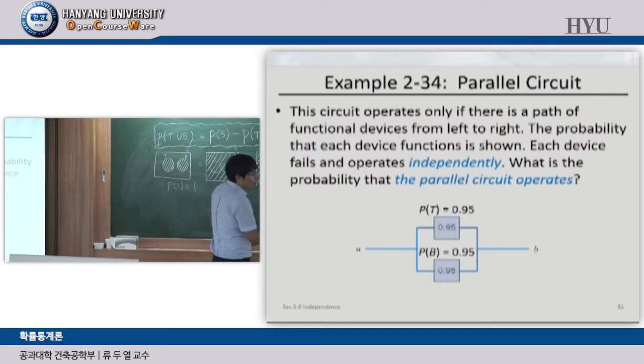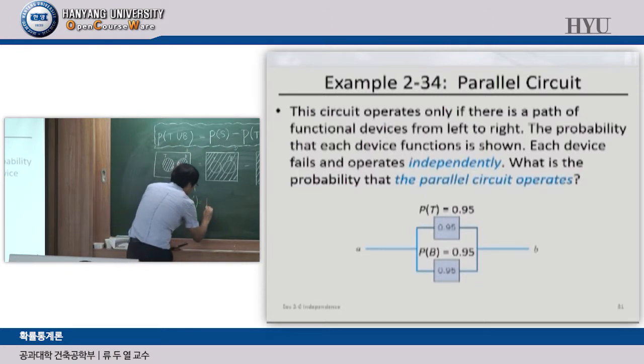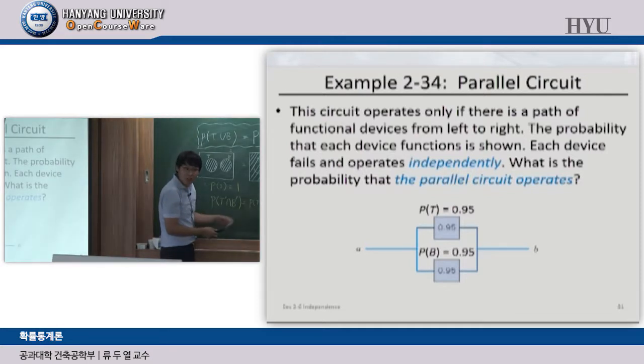Each device fails and operates independently. This can be rewritten as the probability of the intersection of T prime and B prime equals the probability of T prime multiplied by the probability of B prime, right? Based on the independence rule, okay?